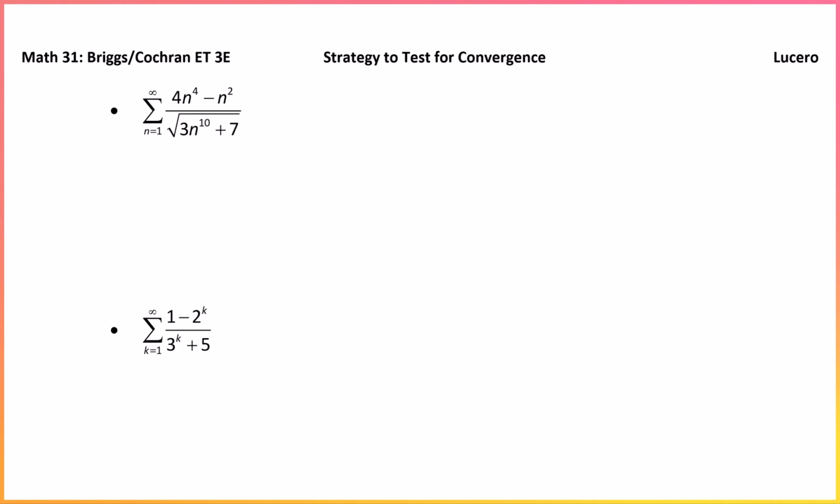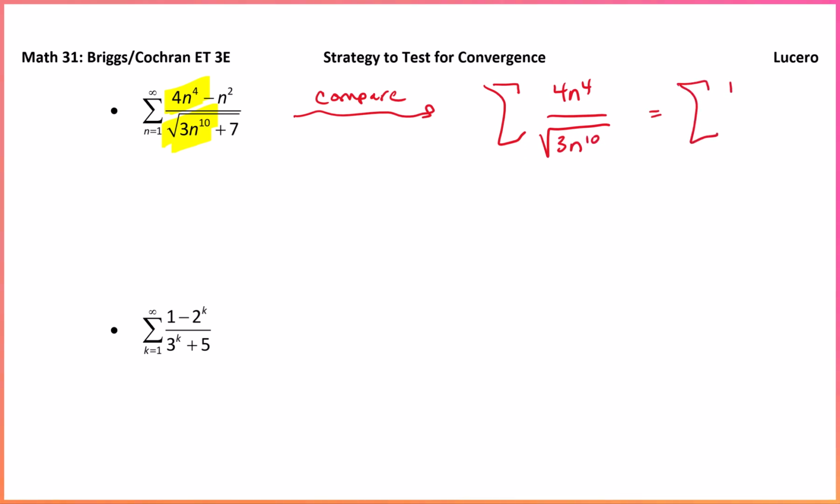Similar to the previous one, I would look at the high power in the top and the high power in the bottom. And I'm thinking, you know what? I'm going to compare this to a series 4n to the fourth, taking that high power, over the square root of 3n to the 10th. Of course, the 4 and the root 3 are just constants, so I don't actually need those. And I've got n to the fourth on top, and in the bottom, I have n to the fifth.